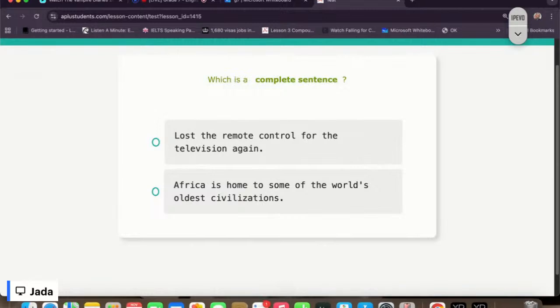All right, so what do we have? We have the second one. Then, which is a complete sentence, first or second?